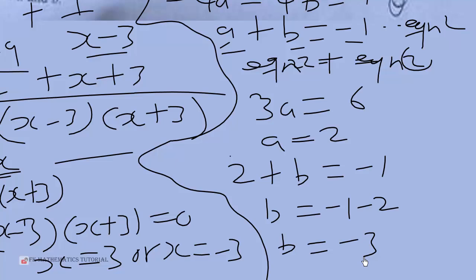Now let's look at the next question, which is question number 3. The length of one side of a right angle triangle is 1 centimeter more than twice the length of the other side. If the longest side measures 6 centimeters, find correct to 2 decimal places the length of the shortest side.